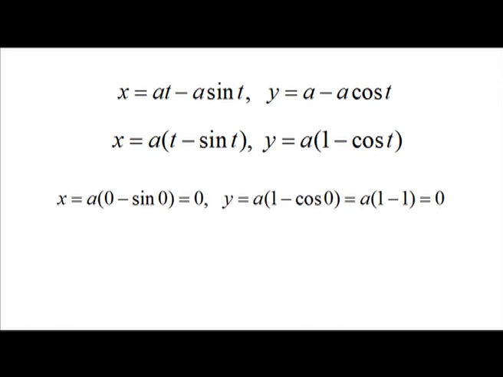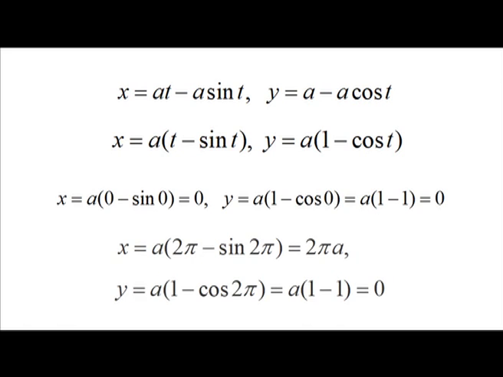When t is equal to 2 pi, the particle on the rim is at the point with the Cartesian coordinates x is equal to a times 2 pi minus sin 2 pi, which is equal to 2 pi a, and y is equal to a times 1 minus cos 2 pi, which is equal to a into 1 minus 1, which is equal to 0.